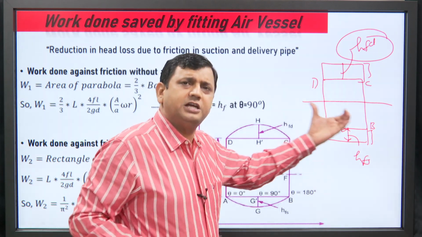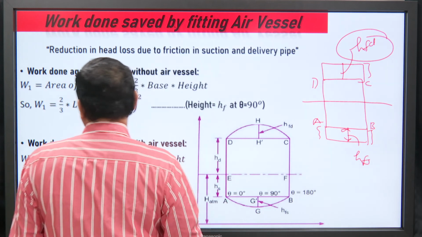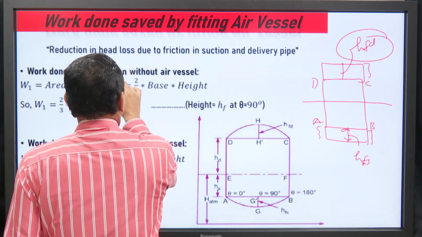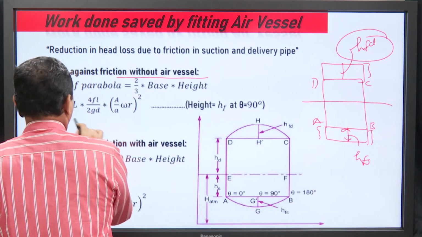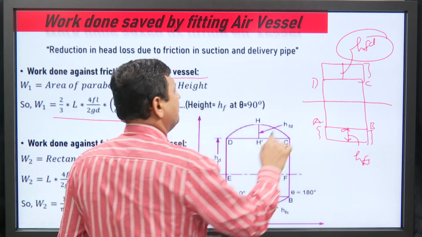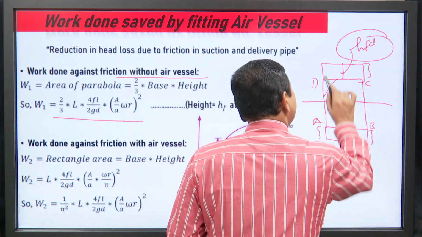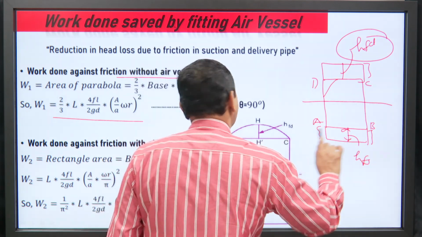We compare the power consumed, the work done against friction without air vessel. It is simple, just 2 by 3. This diagram remains the same in both cases; the only variable is this parabolic shape without and this rectangle with.